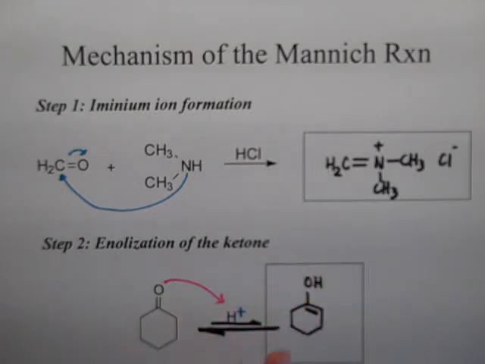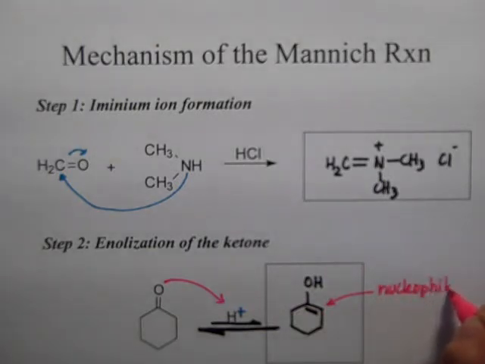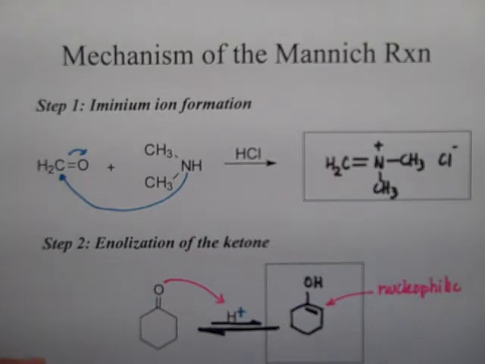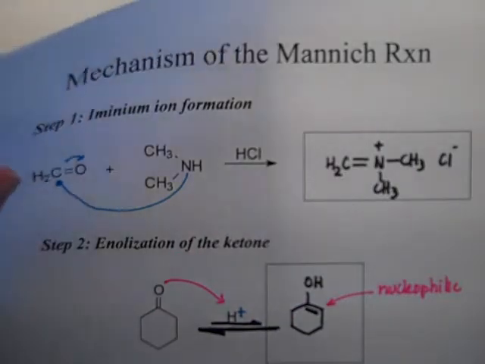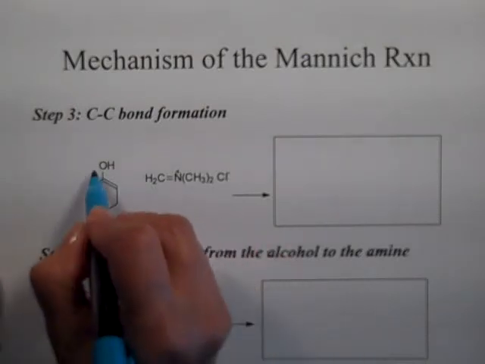But what's important here is that the alpha carbon of the enol is nucleophilic. So this carbon is nucleophilic, this carbon is electrophilic, and negative attacks positive, so get those two together. You ready to get them together?